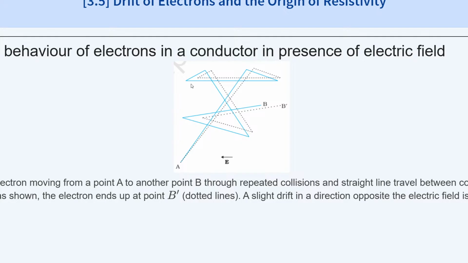That drift, it is having thermal energy, it is having velocity due to thermal energy, but due to applied electric field its path will be little shifted in the opposite direction of electric field. जो ये आपको डॉटेड दिख रहा है, तो आप देख सकते हो ये A से लेके यहाँ तक ब्लू लाइन यहाँ पे है और ये डॉटेड लाइन थोड़ी सी शिफ्टेड है इलेक्ट्रिक फील्ड के ऑपोजिट डायरेक्शन में. तो ये शिफ्ट किसकी वजह से आया? दैट शिफ्ट इज ड्यू टू इलेक्ट्रिक फील्ड. ओके, जो इलेक्ट्रॉन की ड्रिफ्ट वेलोसिटी है, जो वो शिफ्ट करा उसका थोड़ा सा पाथ इलेक्ट्रिक फील्ड के ऑपोजिट डायरेक्शन में, उसने ड्रिफ्ट करा थोड़ा सा.